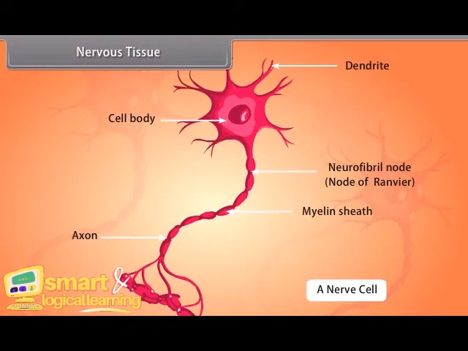The axon is a single, long, cylindrical process of uniform diameter. Axon forms fine branches terminally. Each branch ends in a swollen structure called synaptic knob or bouton. Axon is also called nerve fiber. An individual nerve fiber is about 1 meter long.